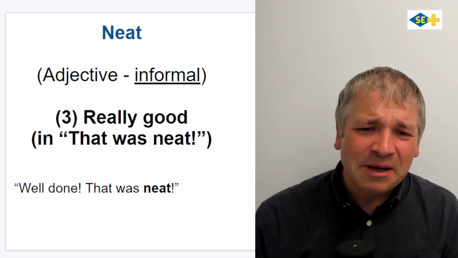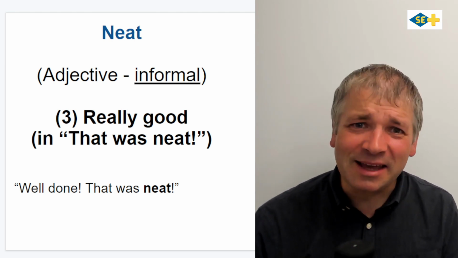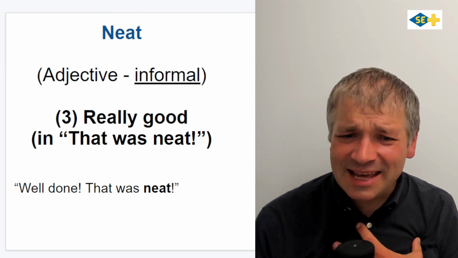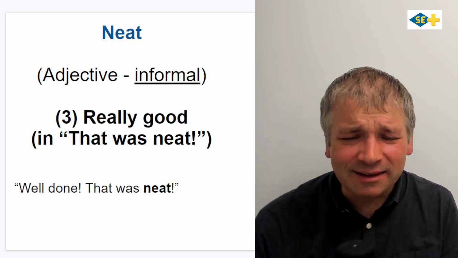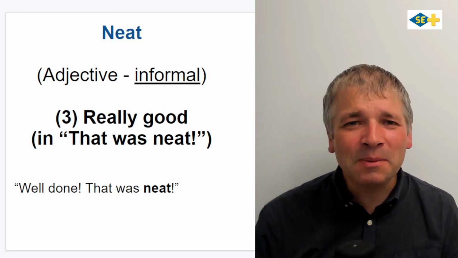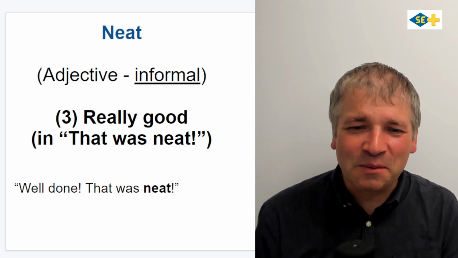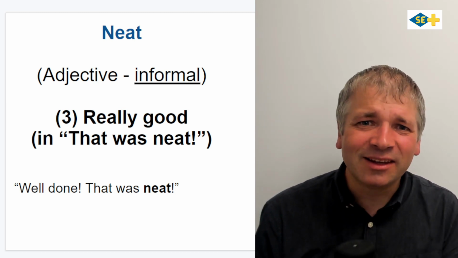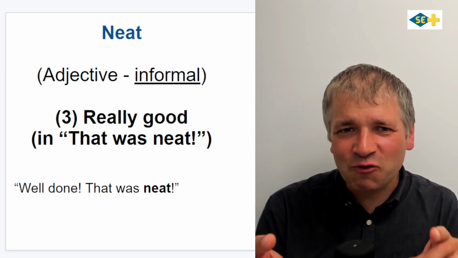And this one just simply means really good. In that was neat, that's neat. So here neat is really replacing the words really good. Well done, that was neat. Often used by young people, particularly in America, but it's spreading around the world. So neat, tidy, represents skill, but also, informally, really good.